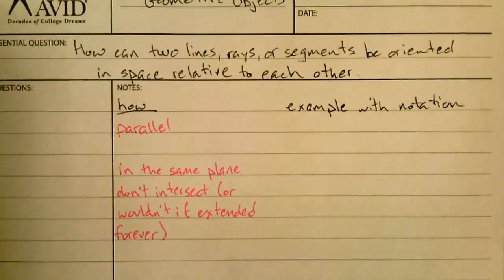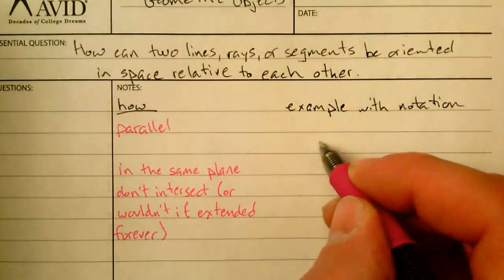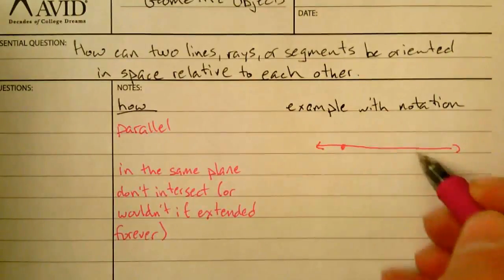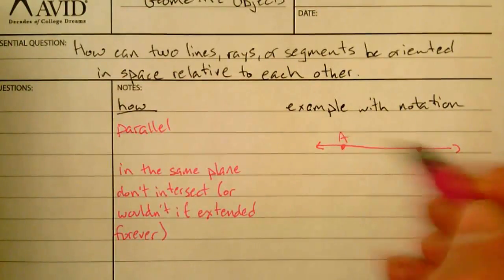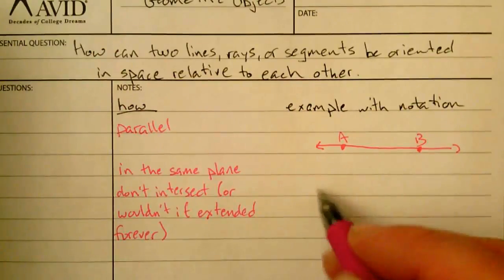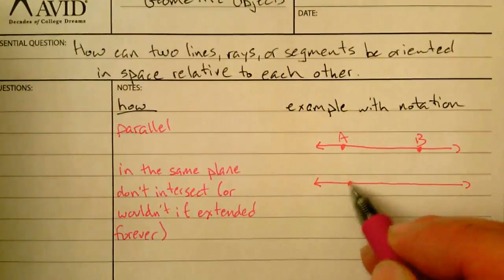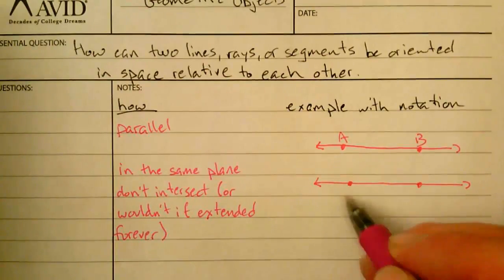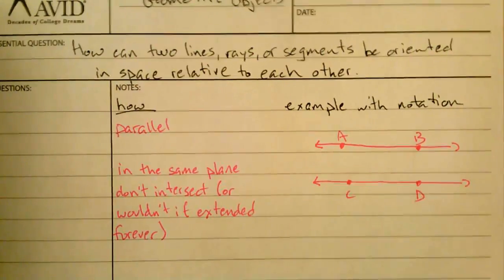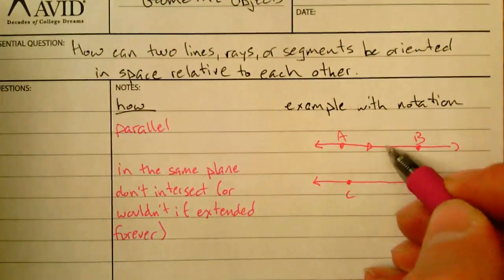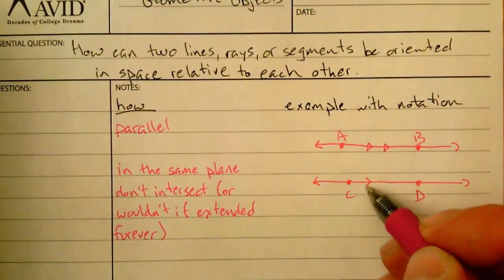All right, so take a look at our example here. Okay, here's a line. We'll call this line AB. And then down here, we've got line CD. And to show that they're parallel in the diagram, we would draw little arrows.